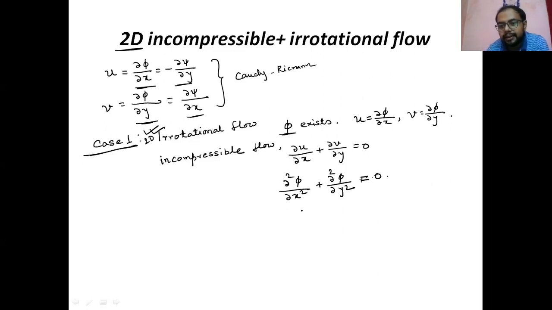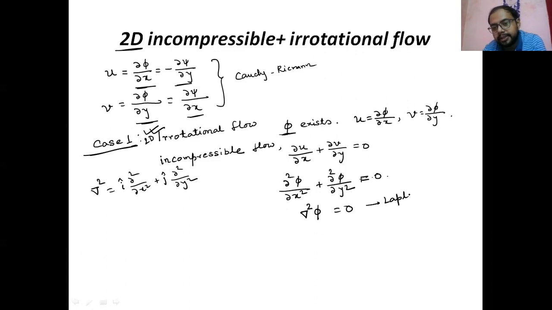This equation is the del square operator of phi, because del square operator is d square dx square plus d square dy square. This function is a Laplace function. This equation is a Laplace equation, the Laplace operator.